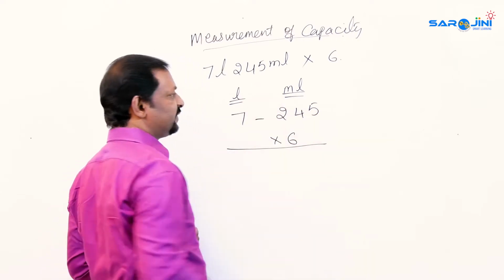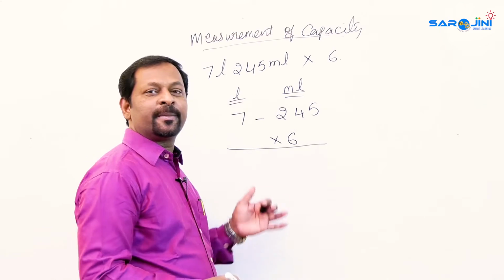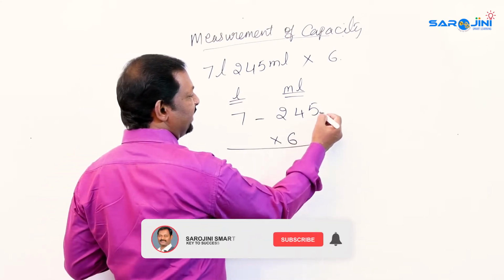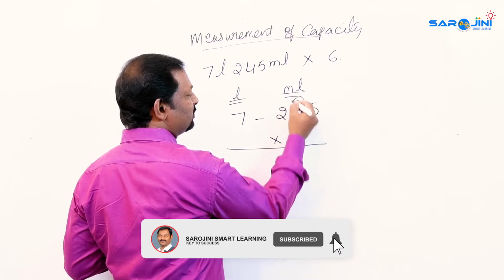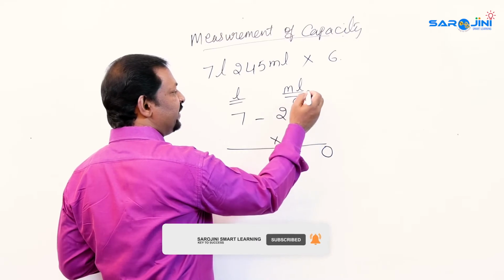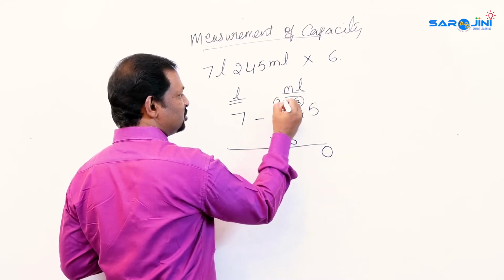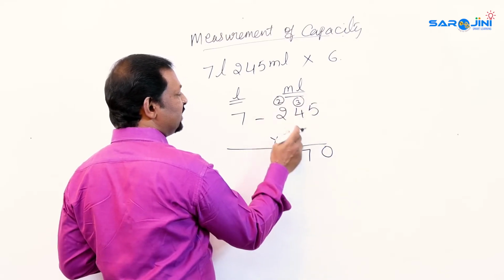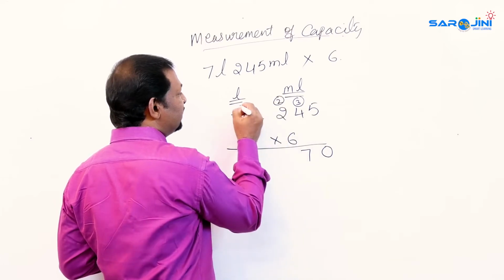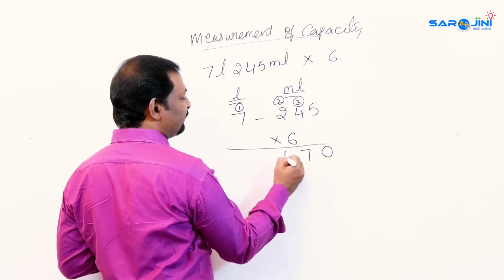This is the first way we are going to do this multiplication of capacity. 6 times 5 is 30, 3 on the top, 0 at the bottom. 6 times 4 is 24, 24 plus 3 is 27, 2 and 7. 6 times 2 is 12, 12 plus 2 is 14. Directly connect 1 and 4.